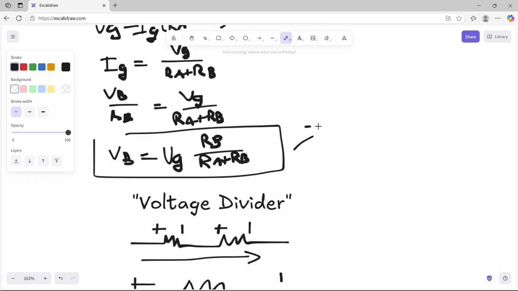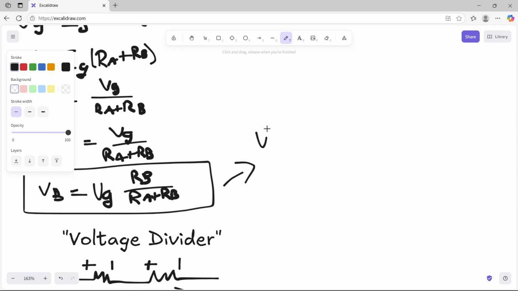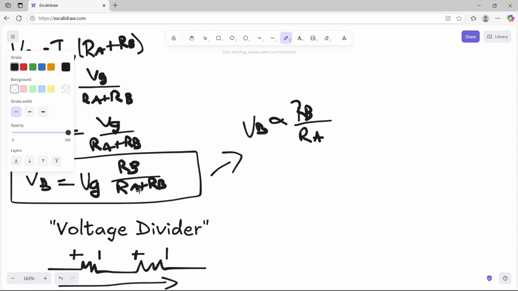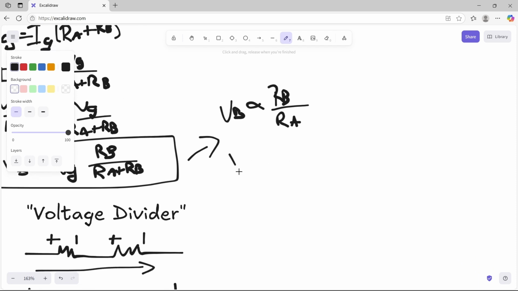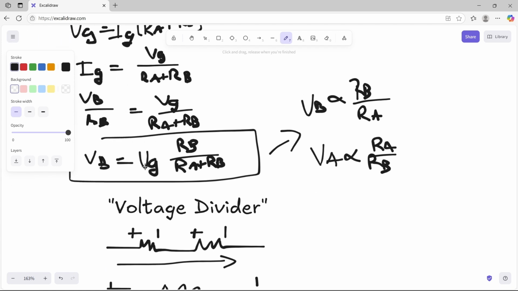And from this equation, we can draw sort of the same proportionality, that VB is proportional to RB over RA. As RB increases, the voltage drop across VB increases. And then we say, okay, that must mean that VA is now proportional to RA over RB, with the same equation with just a few subscripts changed around.